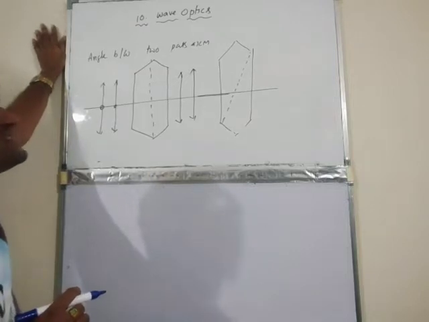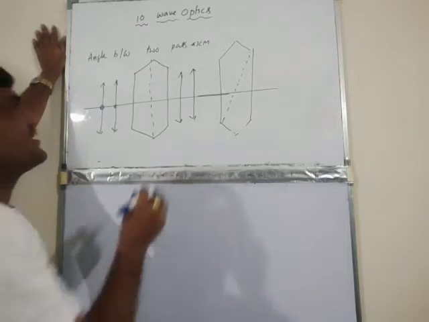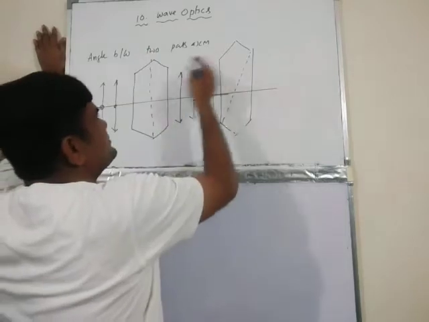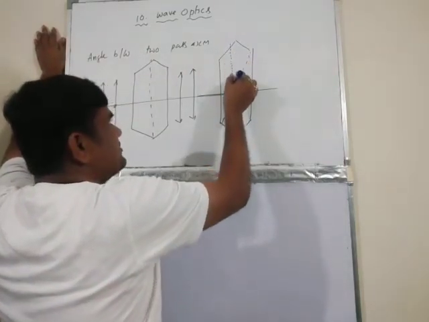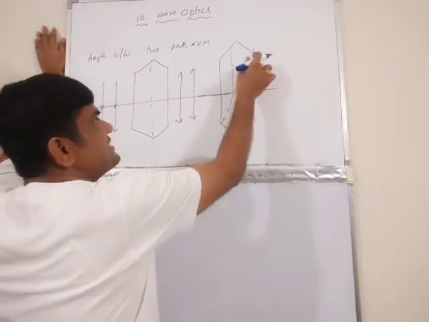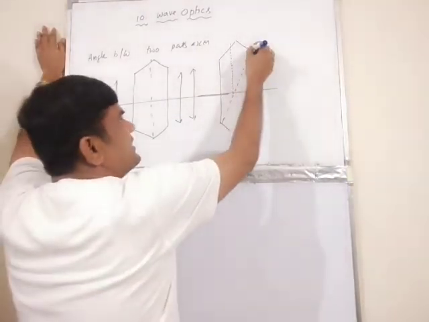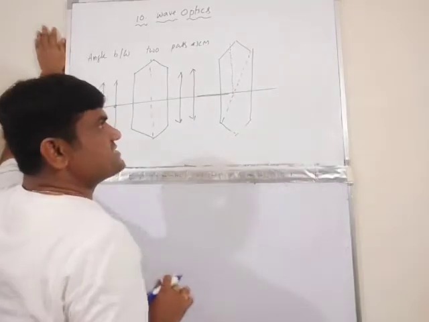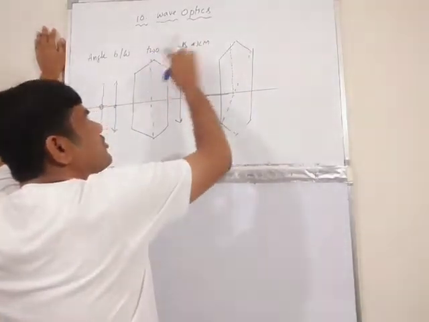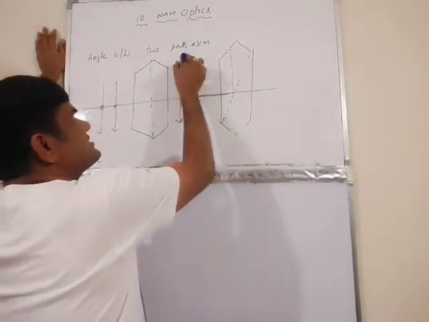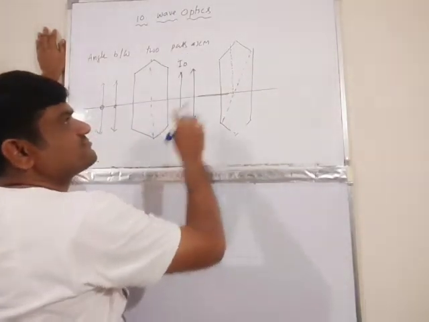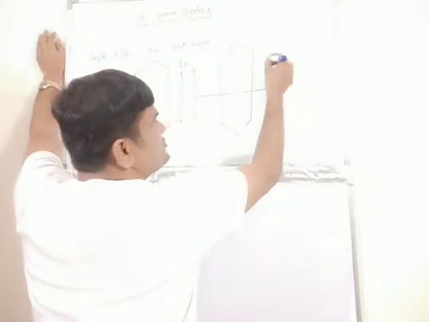Then this path axis will be there like that, in this manner. That means this is the second Polaroid's path axis, and this is the first Polaroid's axis. Yes or no? That means this intensity I will consider as I naught, but that intensity is equal to how much?